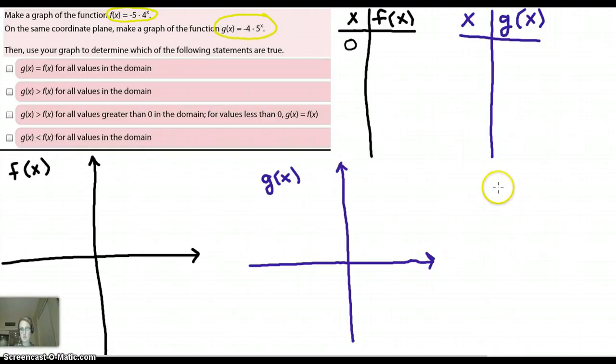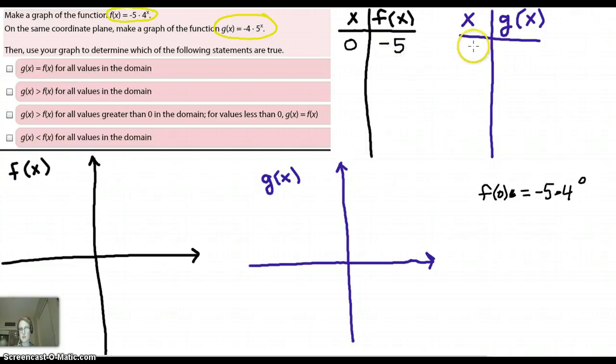So f of 0 is equal to negative 5 times 4 to the 0 power, because we just plug a 0 in where x was. We know anything to the 0 power is 1, so negative 5 times 1 is negative 5.